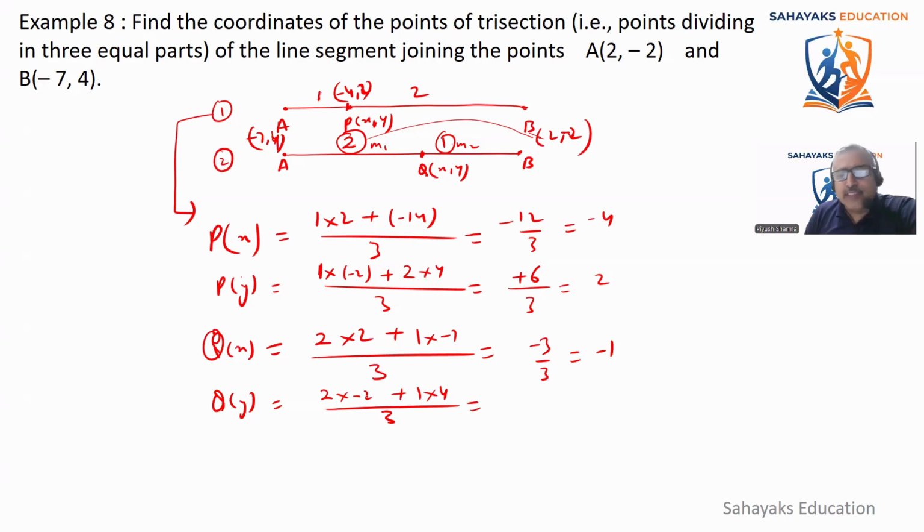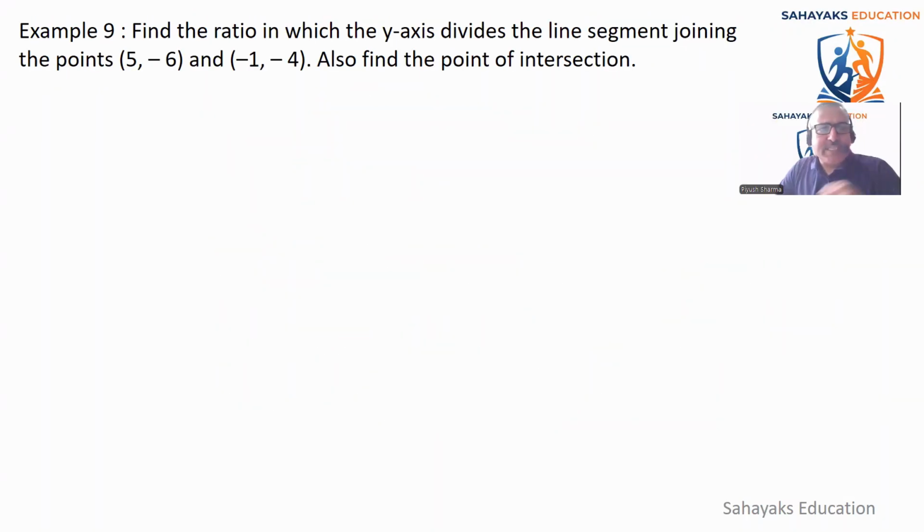So it is 2 into 2 minus 4 plus 4. Minus 4 plus 4 is 0 by 3, and it comes out to 0. So the point P was minus 4 comma 2, and point Q is minus 1 comma 0. So these are the 2 points which are dividing the line segment into 3 equal parts. Okay, coming to the next question.